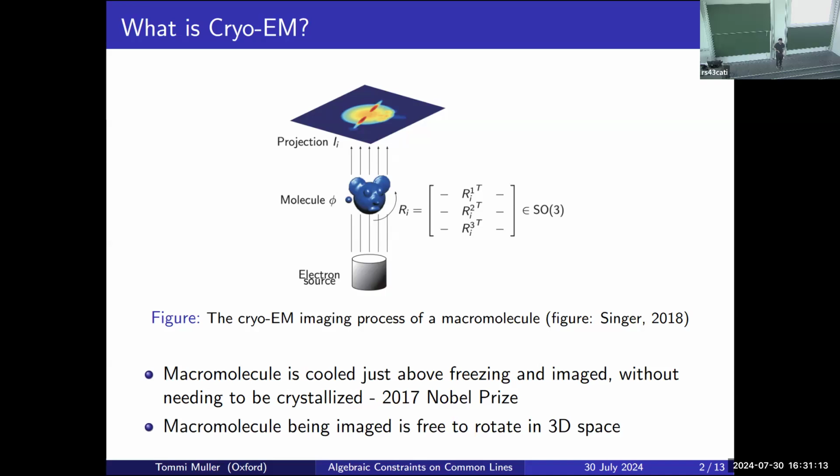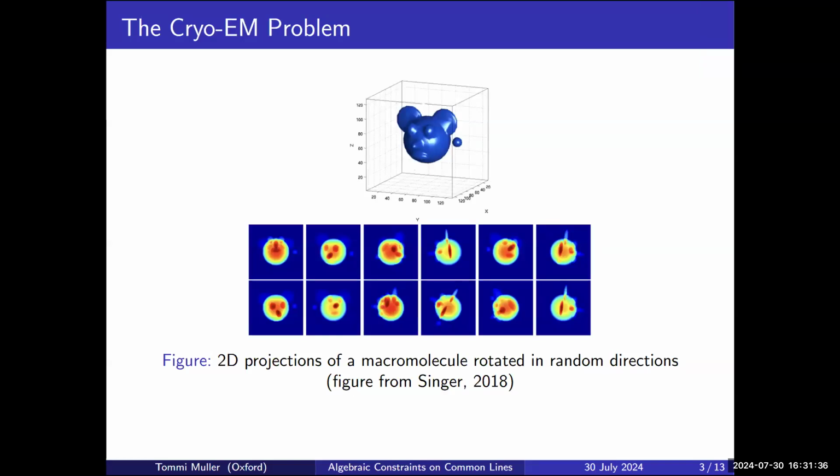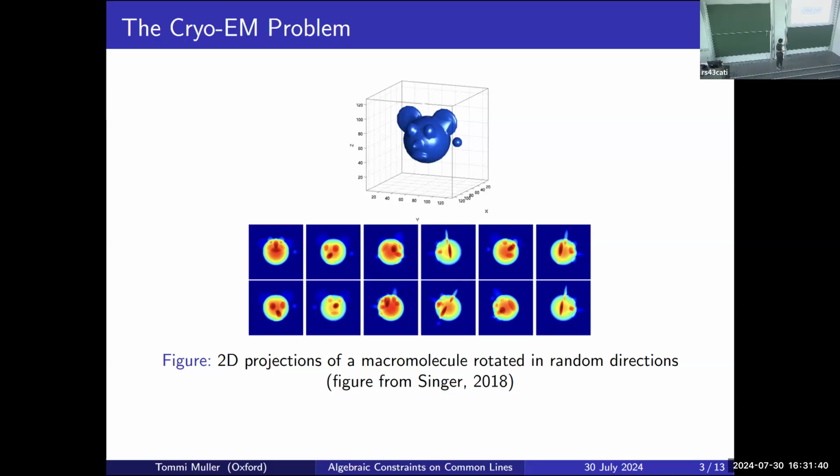So because the molecule is not completely frozen in water, it's allowed to freely rotate in 3D space according to some rotation matrix Ri. So for example, if you have some Mickey Mouse looking molecule and you take lots of Cryo-EM images, you'll take projections of this molecule undergoing random rotations, and you'll get images that look like this.